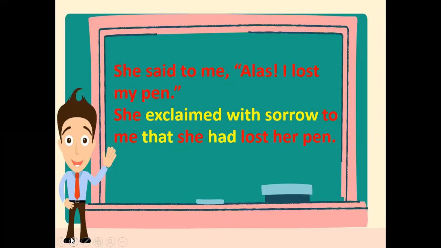And after that, we are going to use that as a linker to join both reporting and reported speech. And then alas will be dropped. We will not write alas in indirect narration. And then we are going to change pronoun as well as tense. So she had lost her pen.